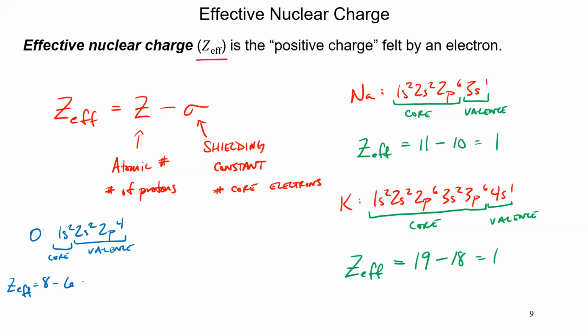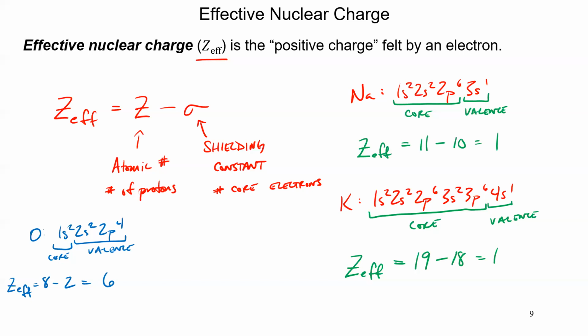He has 6 valence electrons, and 2 core electrons. Number of protons minus number of core electrons gives him a Z effective of 6. And so everything in that group with oxygen is going to have a Z effective of 6.